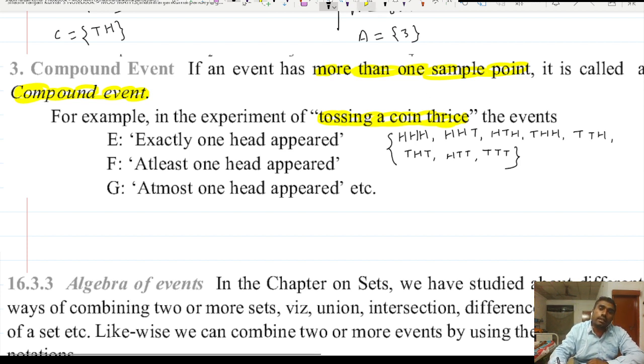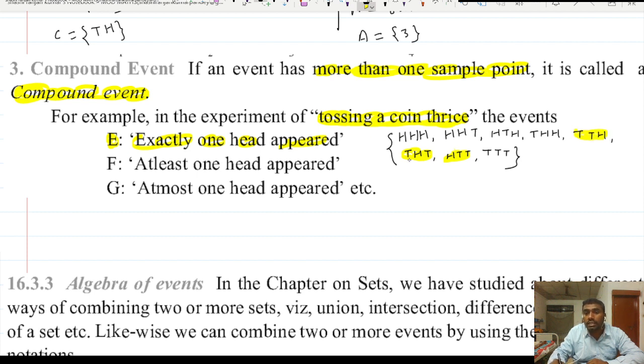Now see, here we have made one event E in which exactly one head appeared. So we have to consider all those outcomes in which exactly one head appeared. This is one case in which one head is there. This is also one case, and this is also one case in which one head is there.